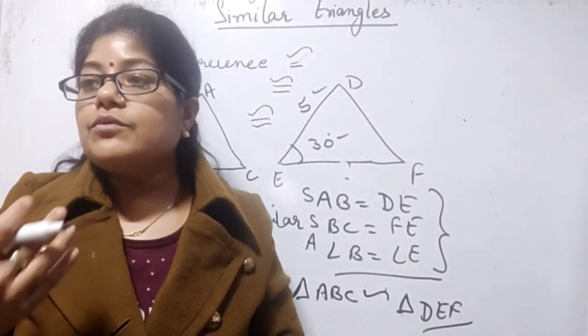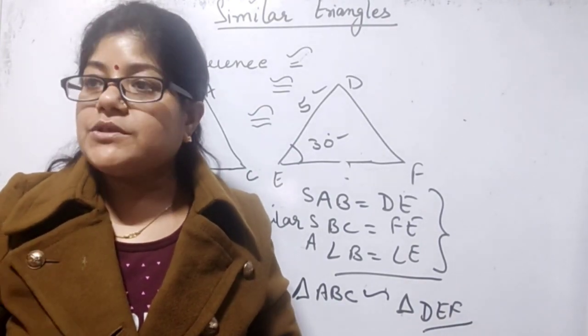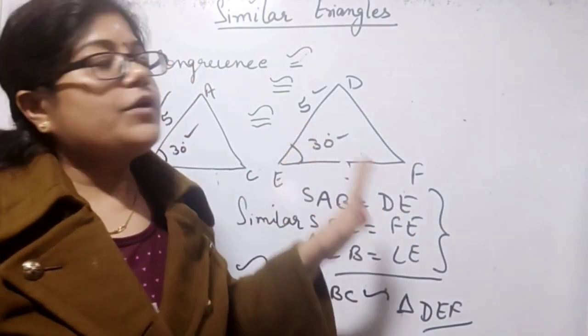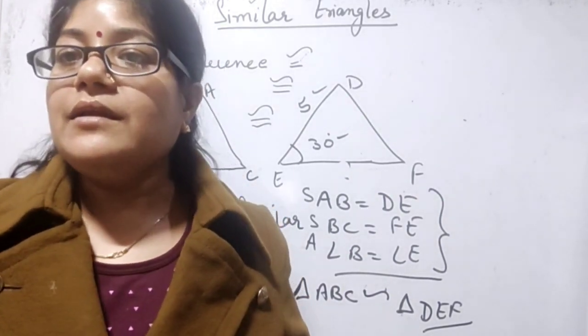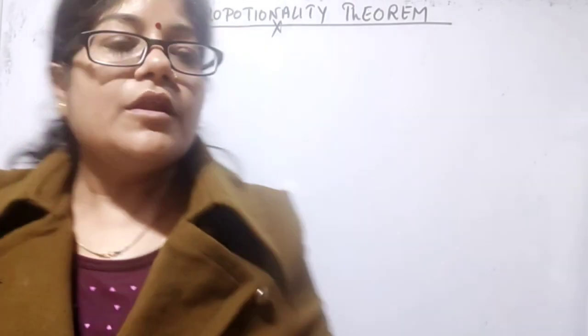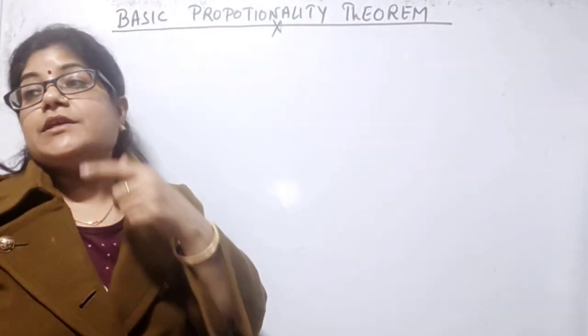Now I am shifting to the next topic, basic proportionality theorem, which is a very important theorem of similar triangles, and how we solve different types of questions regarding that. Now we discuss what is basic proportionality theorem.